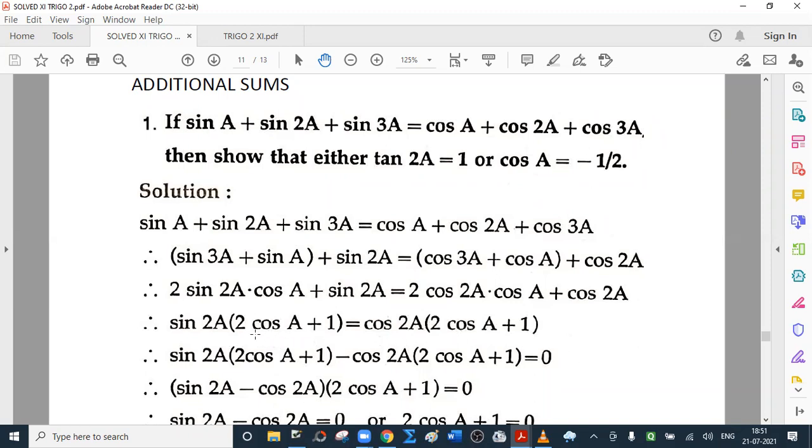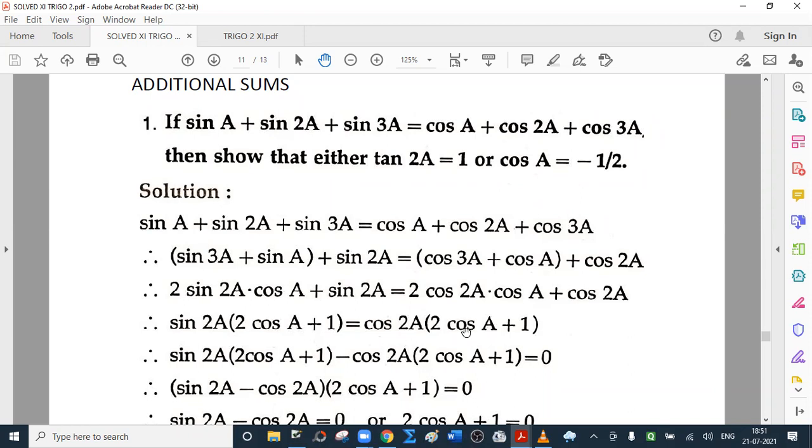Rearrange the terms. Please do not cancel 2 cos A plus 1. Cancelling means dividing, and division by only a non-zero number is allowed. We are not sure whether this is non-zero or not. In fact, this can be 0. Had it been 2 cos A plus 3, I would have divided by 2 cos A plus 3, because 2 cos A plus 3 can never be 0.